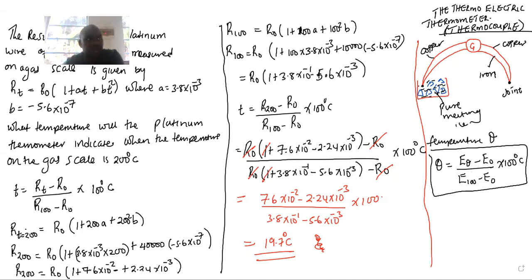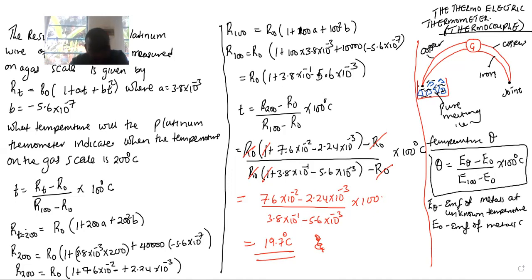And we have said the thermocouple is basically using EMF. So where E theta is EMF of metals at unknown temperature, then we have E naught is EMF of metals at ice point.